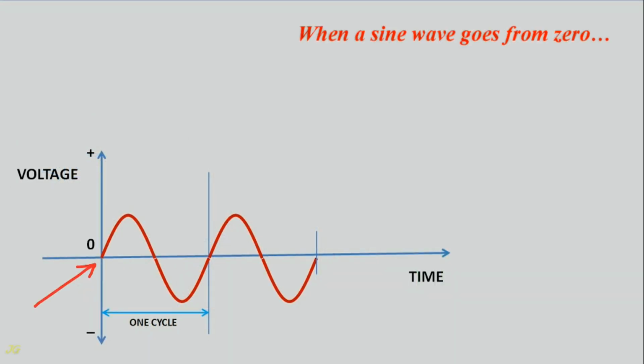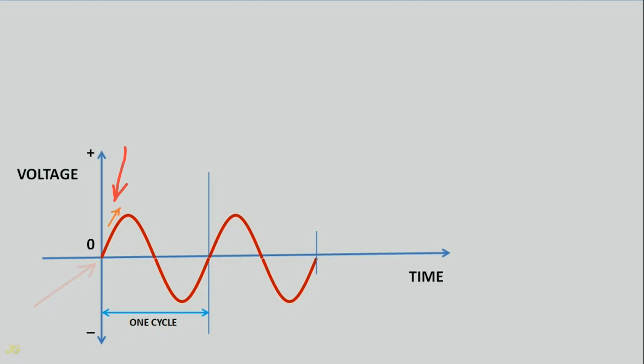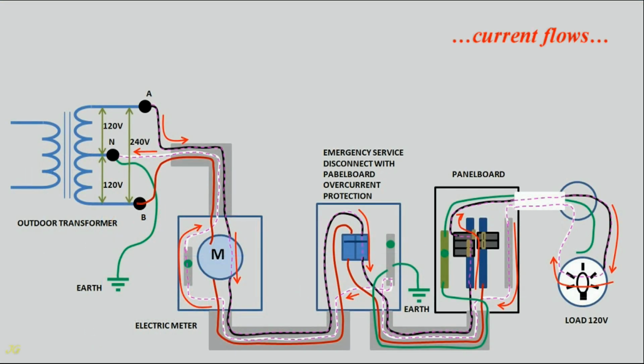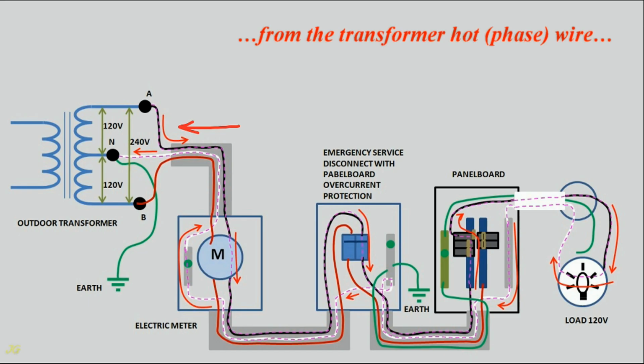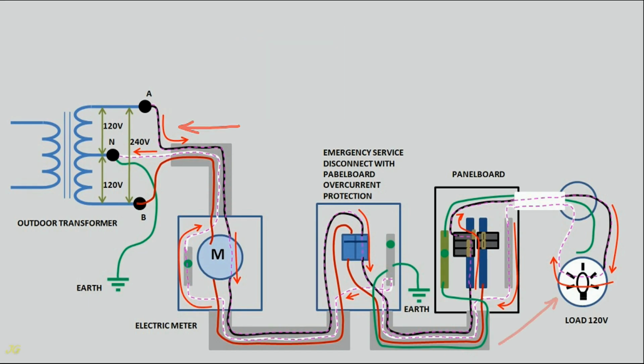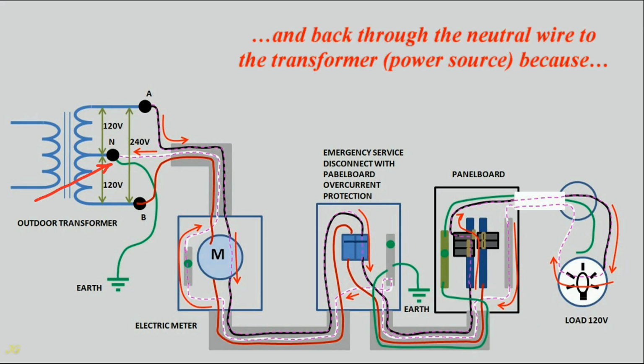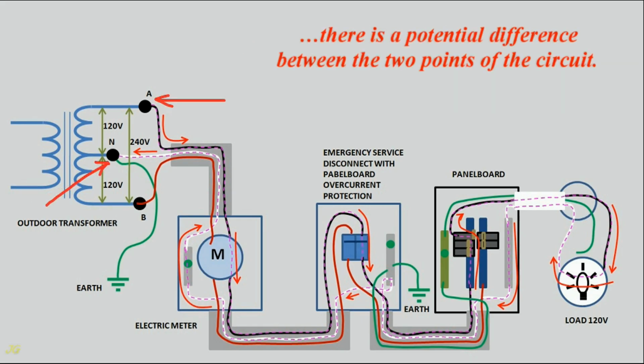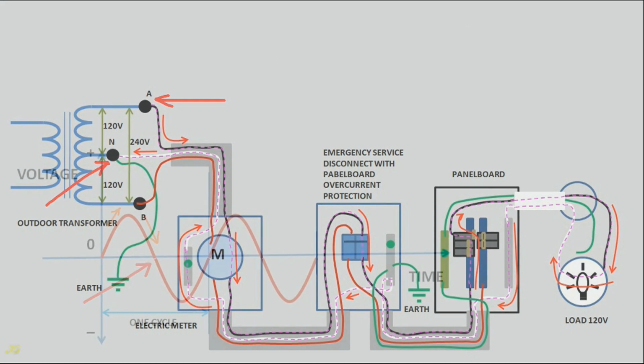When a sine wave goes from 0 to a positive peak and returns to 0, current flows from the transformer hot phase wire through the load and back through the neutral wire to the transformer power source, because there is a potential difference between the 2 points of the circuit.